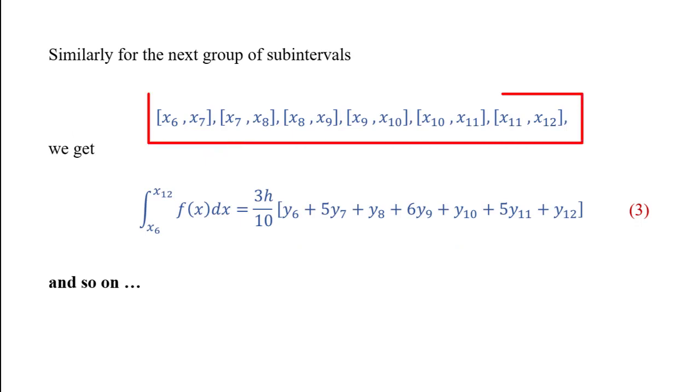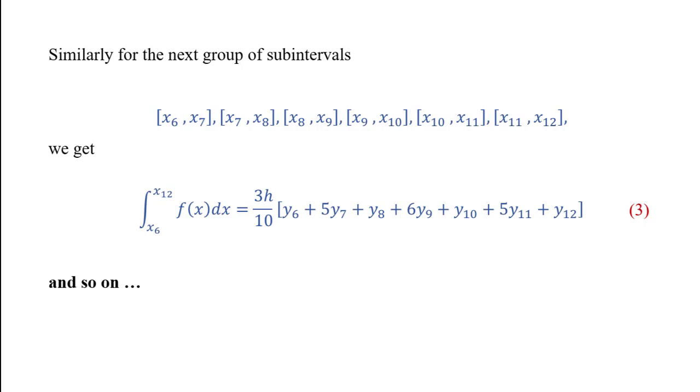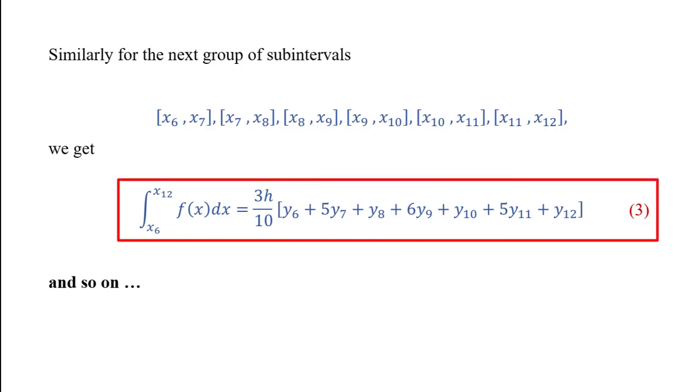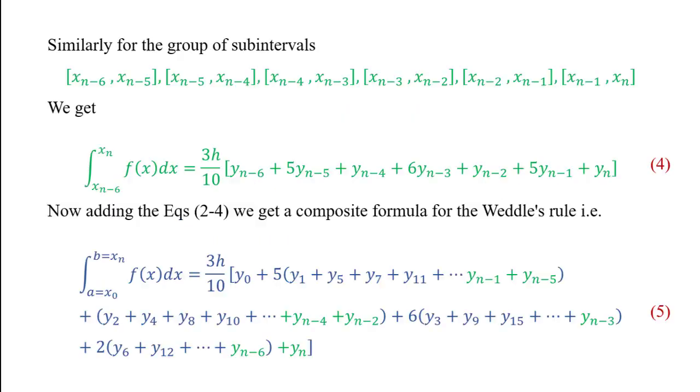Similarly, for the next group of subintervals x6 to x12, we get the following form given in equation 3. And so on.